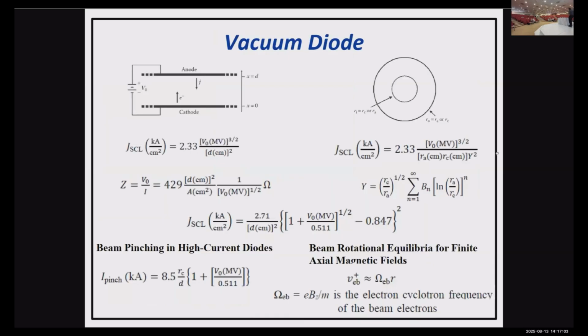Let's see, I think I still have the time, I can write on the tablet. You have seen the Child-Langmuir law presented by Kashif and others. What you have seen is basically for relatively low currents. By low currents I mean tens of amps per centimeter squared, if you're talking about current density.